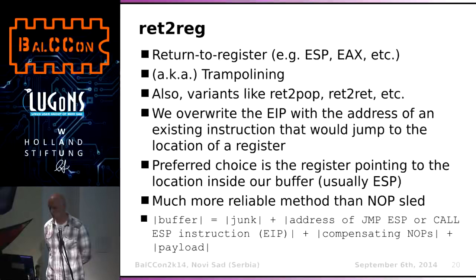Return to register is one of the 101 exploitation methods, also known as trampolining. The thing is that in lots of cases when you are able to do the buffer overflow, you will see that one of the registers contains just the appropriate address for you to use for the proper jump.